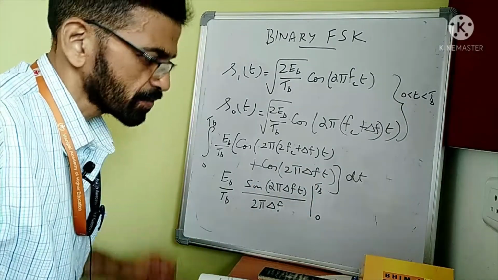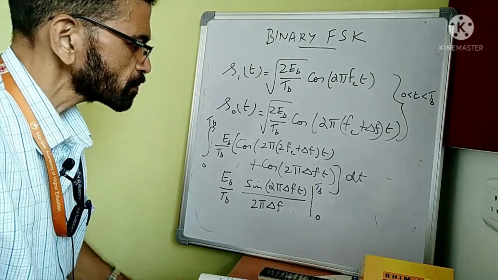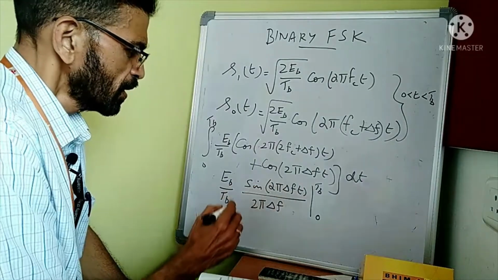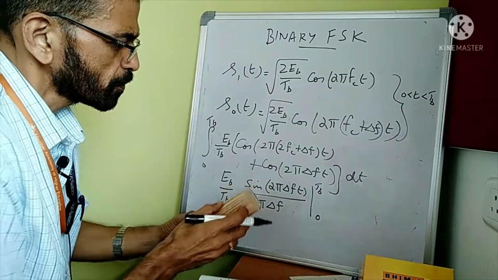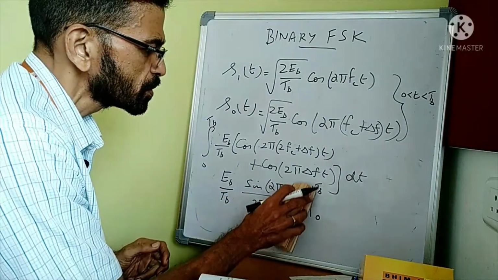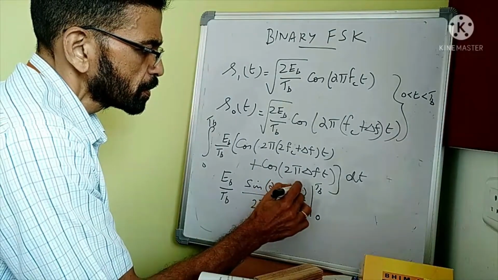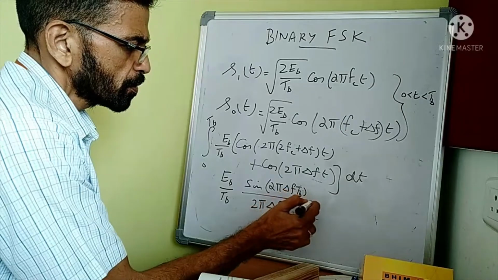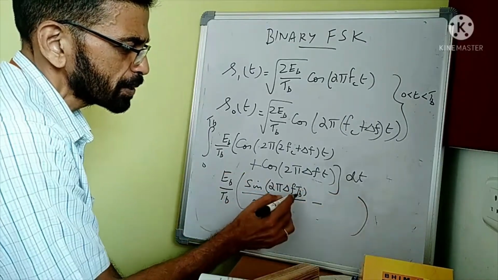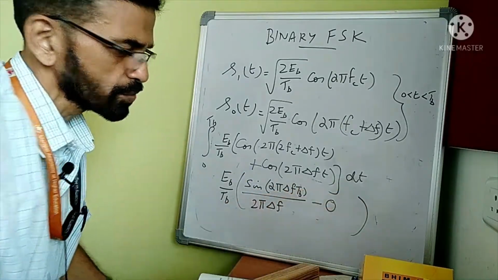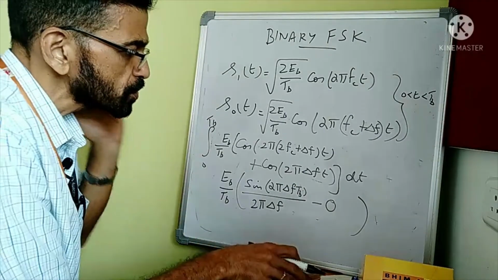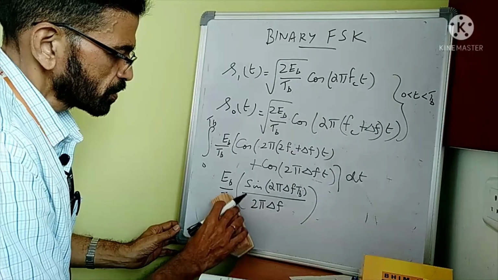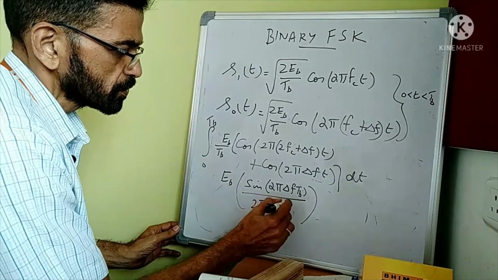The integration happens from 0 to TB. I'm sorry, that's the limits of the integration. So we have integrated this and we get this as results. We substitute the limits now. The upper limit gives us TB, minus the lower limit. When you substitute here, you get a 0 because sine 0 is 0. So this gives us this, which is nothing but this.